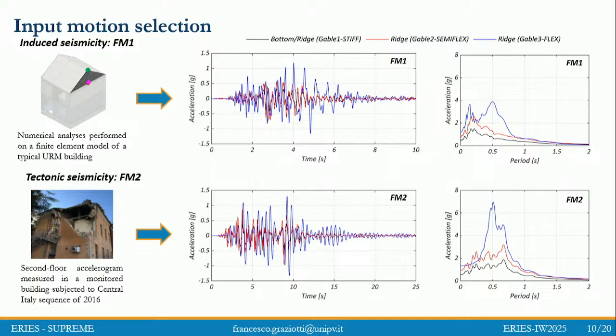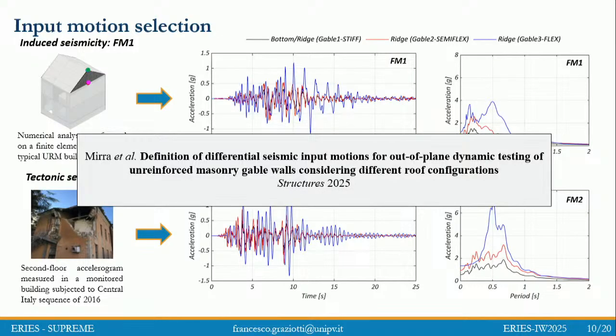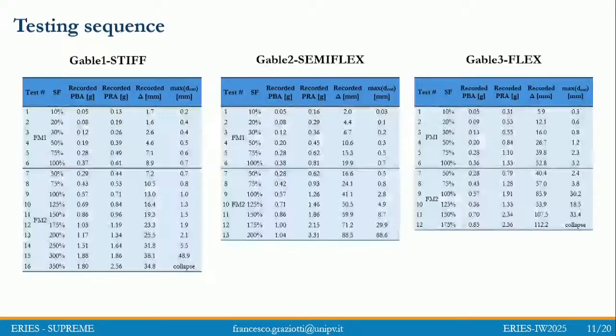Actually, this process was so tricky that a paper specifically on how we compute these motions was recently accepted in Structures. Don't look at all these numbers, but just to show that we also succeeded in having two completely different, compatible motions.